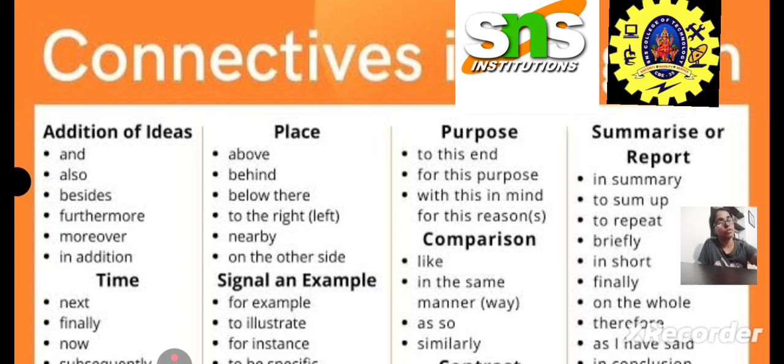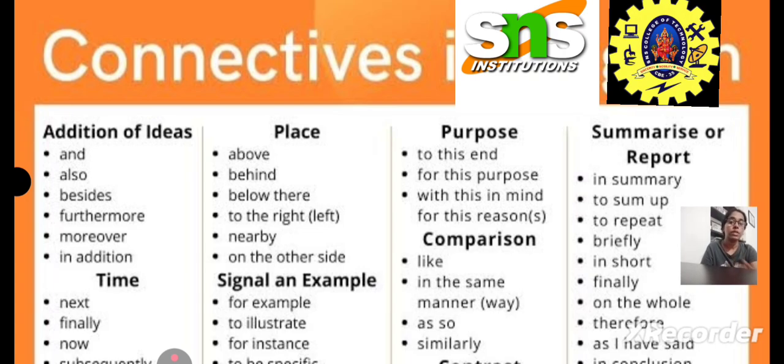To show difference, we use a few connectives like but, however, although, yet, whereas. Most of the time when we speak or write, we always use these words. These are particular words we are supposed to use where we would like to show some difference.